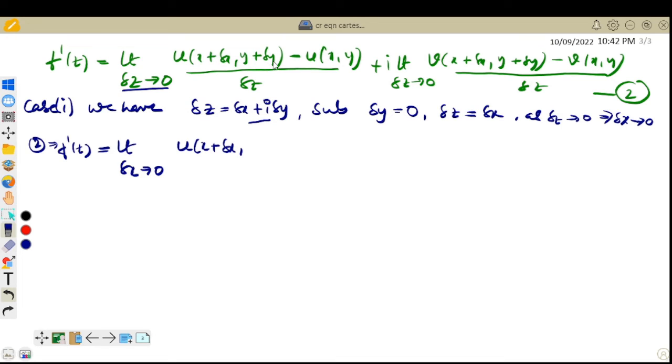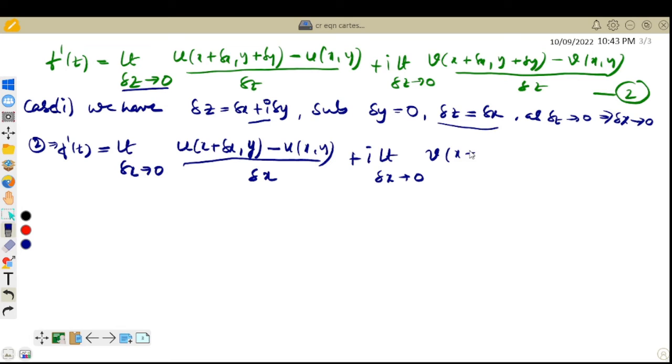You can substitute delta y equal to 0, then you will get y only here, minus u of x comma y, divided by delta z, which is delta x, plus i times the limit as delta x tends to 0 of v of x plus delta x, as it is. This delta y becomes 0, just you have y, minus v of x comma y, divided by delta z, which becomes delta x.